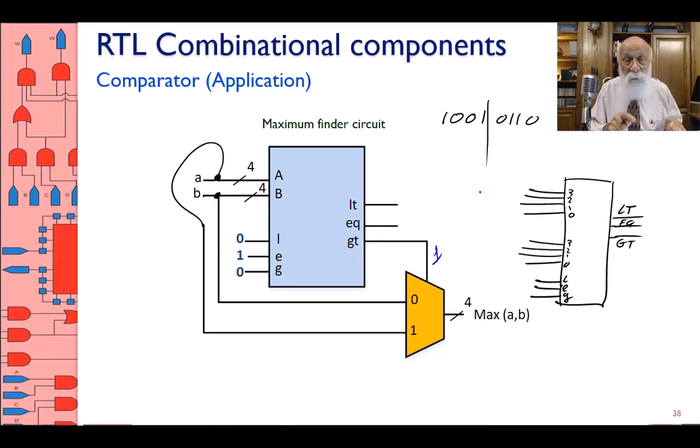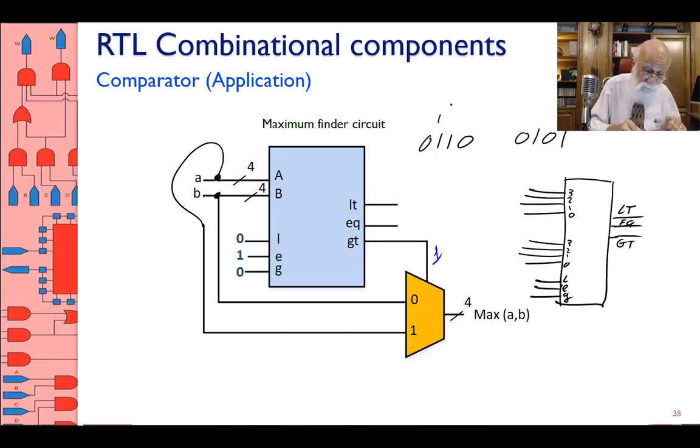What if these are 2's complement numbers? If these are 2's complement numbers, for as long as the numbers have the same sign, the comparator is still good. Look at this. This is 0, 1, 1, 0. That's 6, and this is 0, 1, 0, 1, that's 5. You give it to this comparator, it's going to say that A is greater than B. That's if 2's complement.